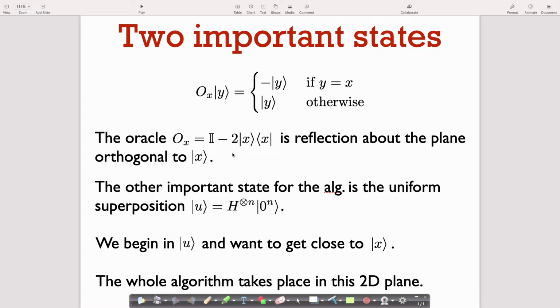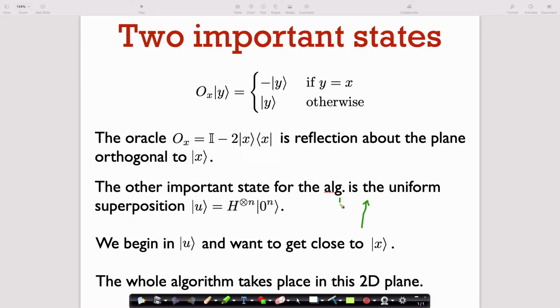So x, of course, is one very important state for our algorithm, and the other important state is the uniform superposition. Just as with every algorithm we've seen, we're going to start off by first creating the uniform superposition. Actually the whole algorithm is going to take place just in this two-dimensional plane spanned by the uniform superposition and x.